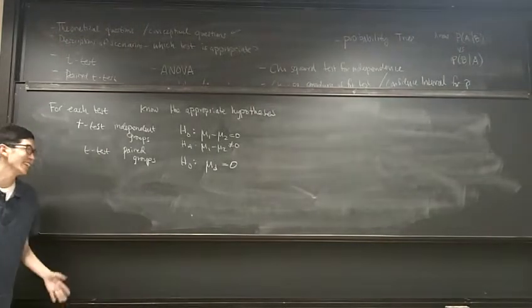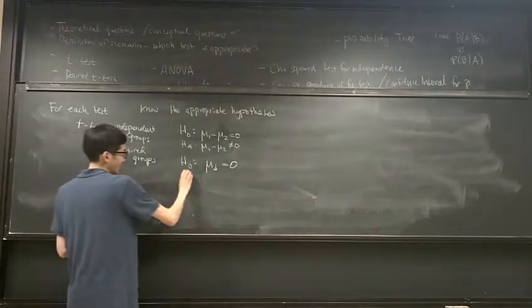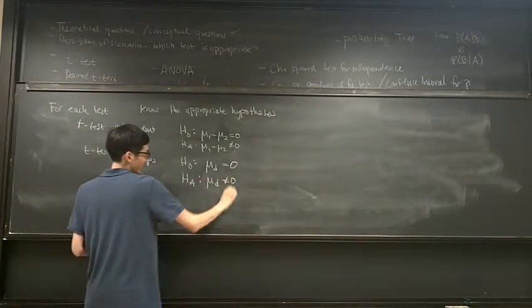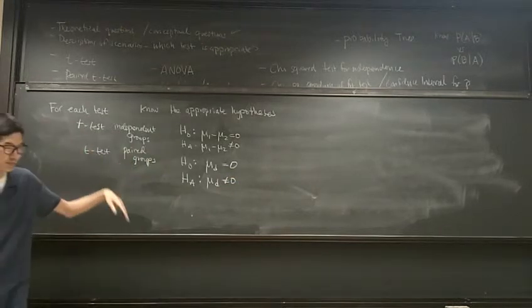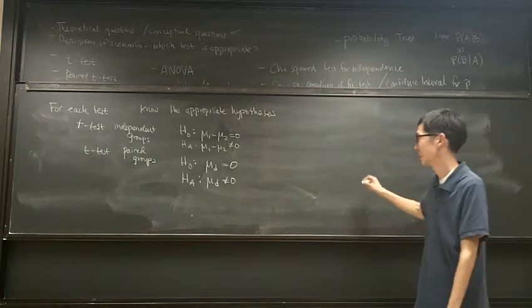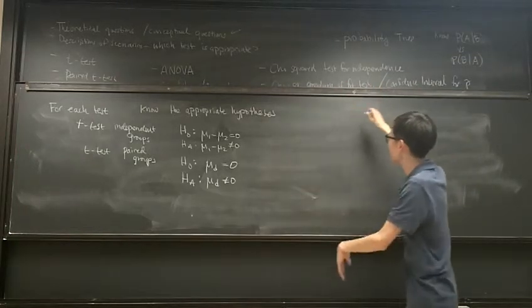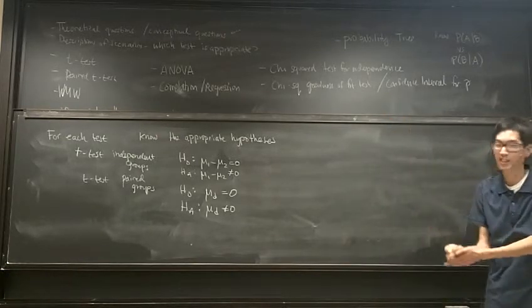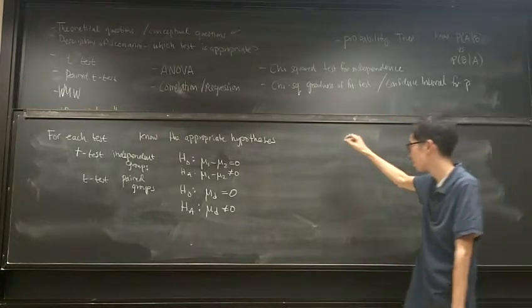So I'm not trying to be evil, but there is a difference, right? So fair warning. Okay, and you've got a bunch of other hypotheses to know. So for each test, you should know the hypotheses.